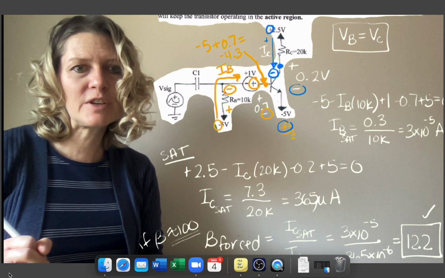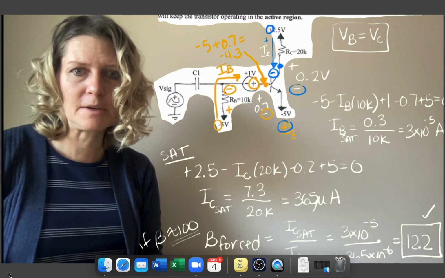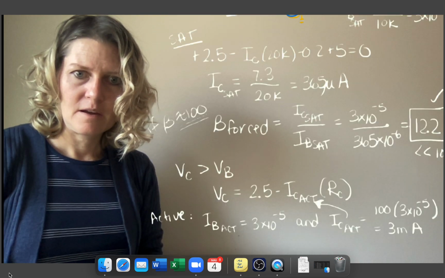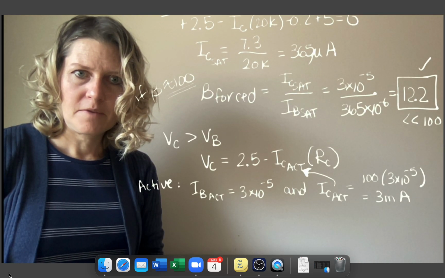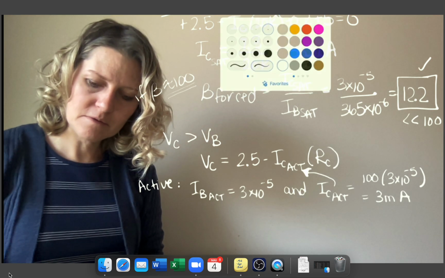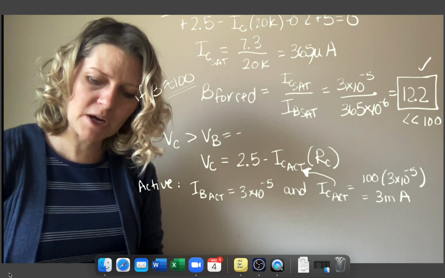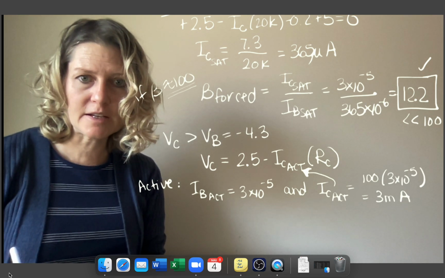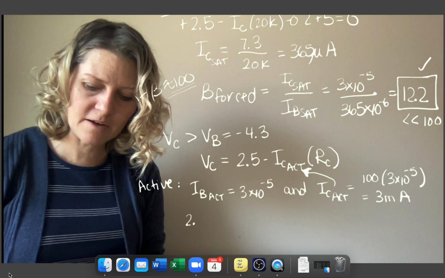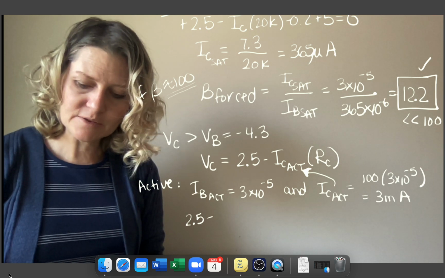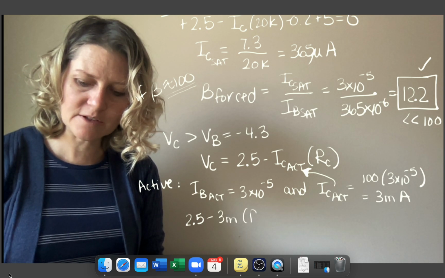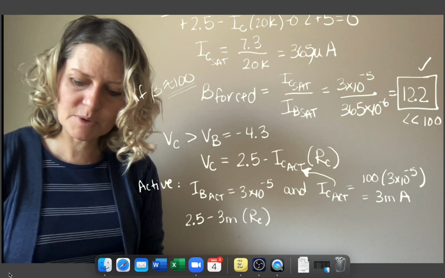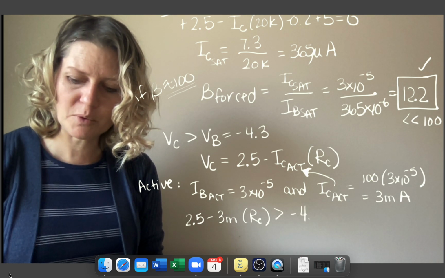So I can use VB as minus 4.3. And then I'm going to set that equal to each other. So 2.5 minus 3 milli times RC, our unknown, needs to be greater than minus 4.3.